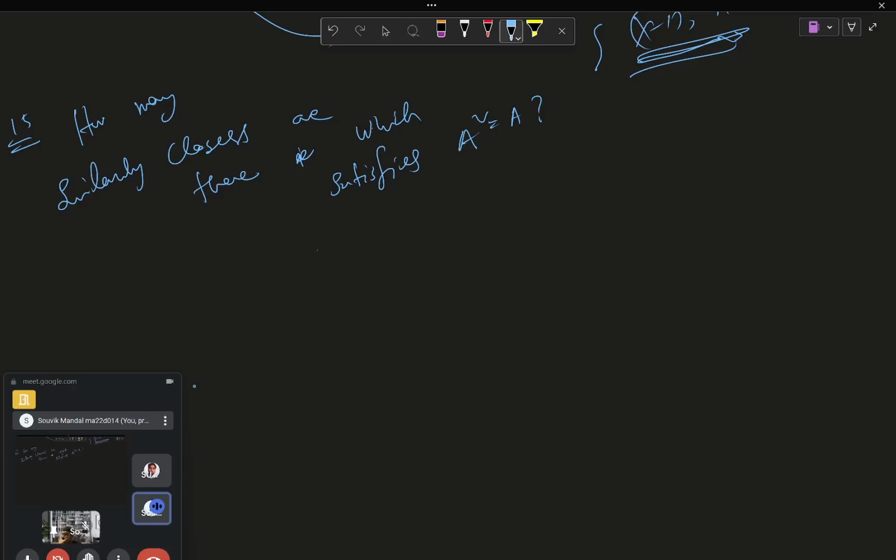So how to solve this problem? A square equal to A, right? So A satisfies the polynomial x into x minus 1.